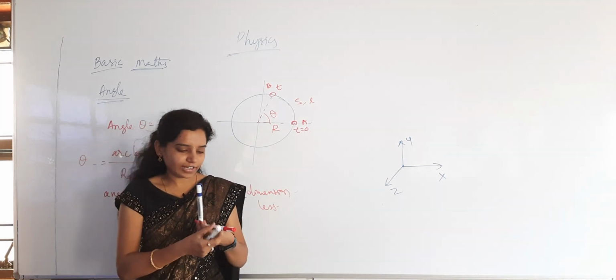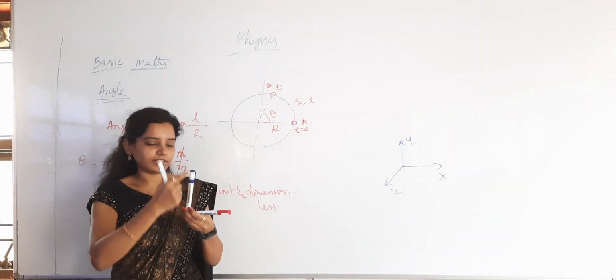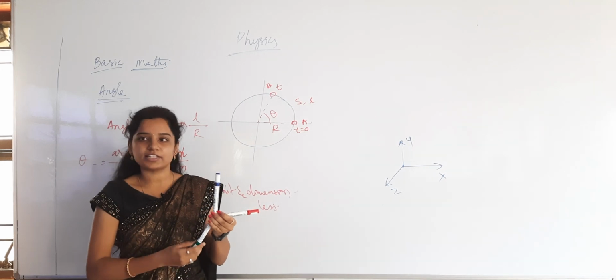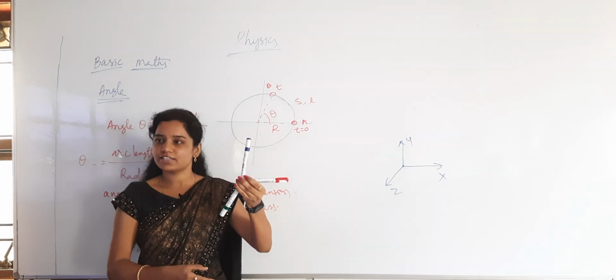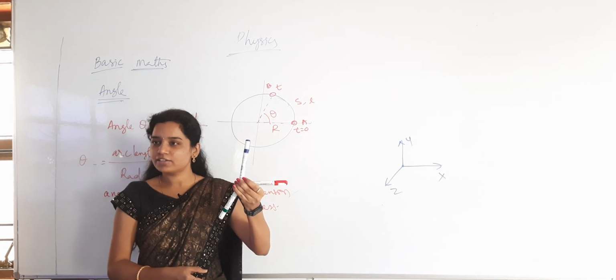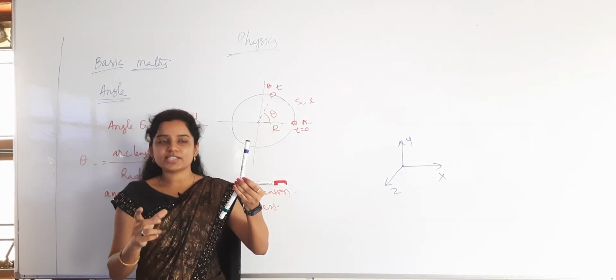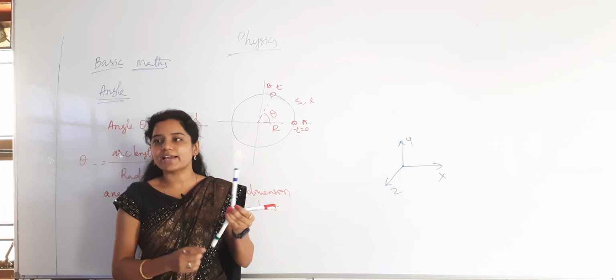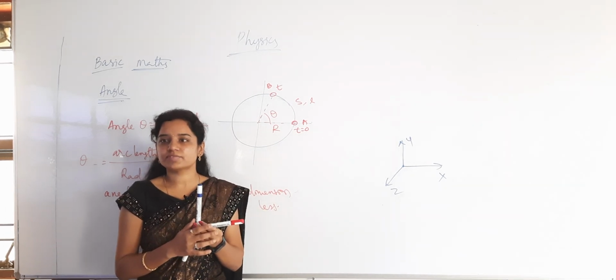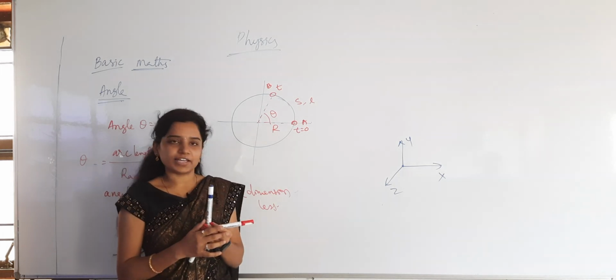So here I have taken x and then y and then z. Is this representation correct? Any doubt about that? Tell me, what is the angle between x and y? 90 degrees.